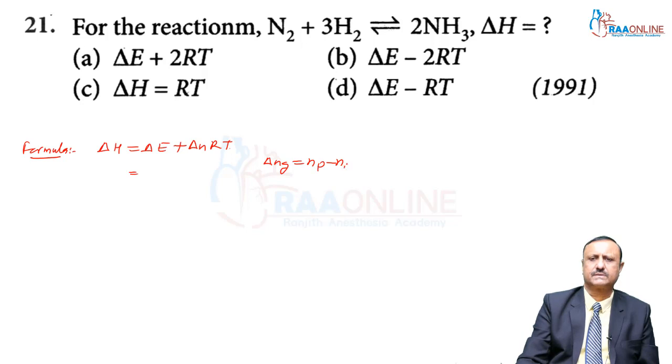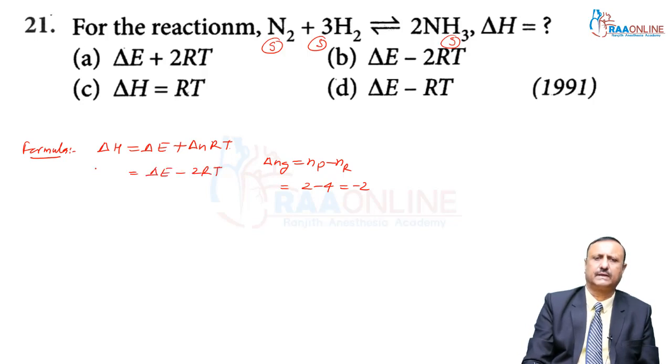Here ammonia is a gas and nitrogen is a gas. It is not given in the reaction, but at room temperature these are present in gaseous form. So, it is 2 minus 4, that equals minus 2. So, delta H is delta E minus 2 RT.